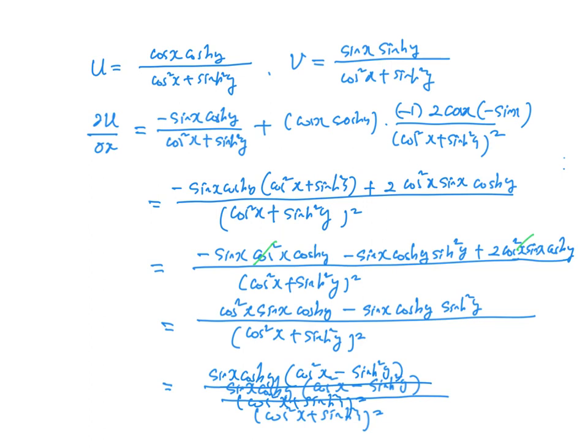Copy, delete. Okay, so v is sine x sine hyperbolic y over cosine square x plus sine hyperbolic square y, right? That's v. So partial v partial y, the same way.